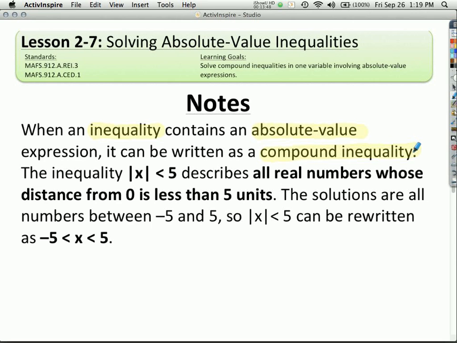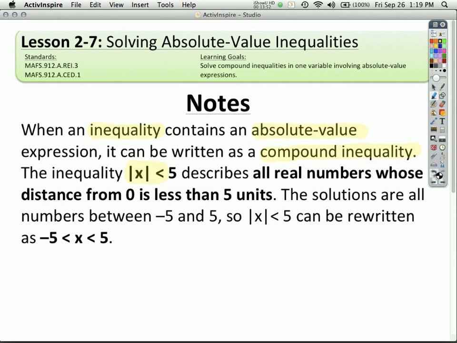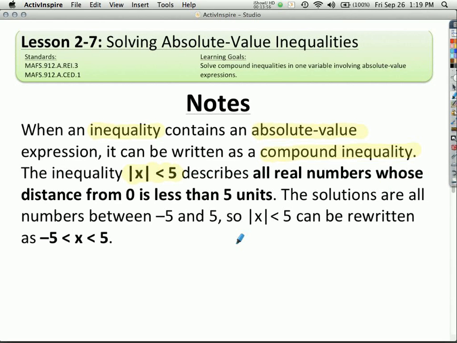Here's an example of an absolute value inequality. It's an inequality, and there's an absolute value symbol in there. And the variable is inside the absolute value. So that's written in algebra.